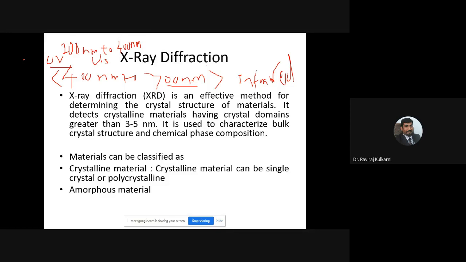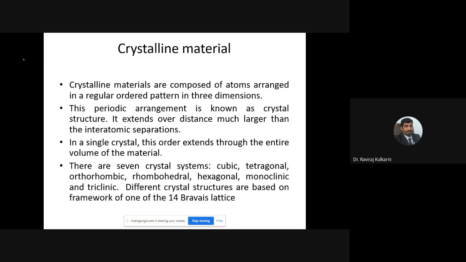Amorphous materials don't have definite crystal structure. Crystalline materials are composed of atoms arranged in a regular ordered pattern in 3 dimensions. This periodic arrangement is known as crystal structure. It extends over distances much larger than interatomic separations.